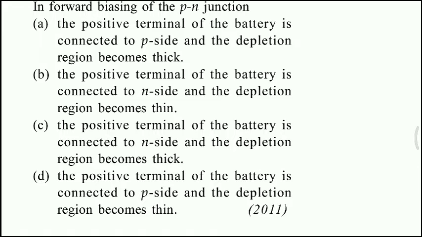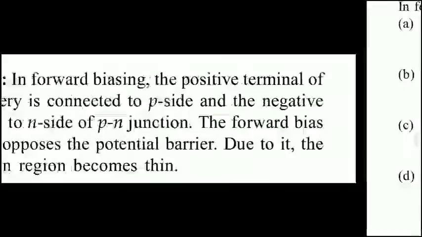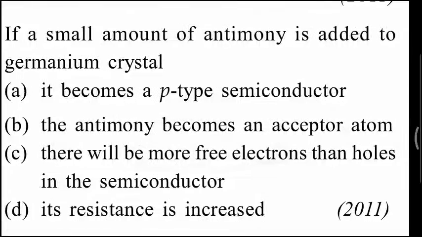The positive terminal is connected to p side and the depletion region becomes thin. Yes, D is correct. In forward biasing, the positive terminal of the battery is connected to p side and the negative terminal to n side of the PN junction. The forward bias voltage opposes the potential barrier. Due to this, the depletion region becomes thin.